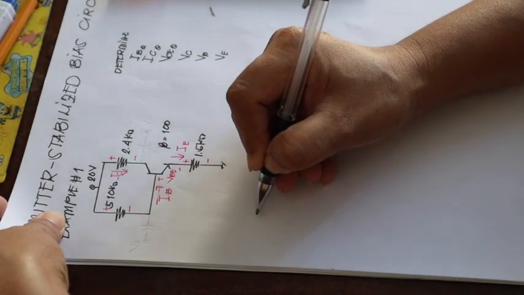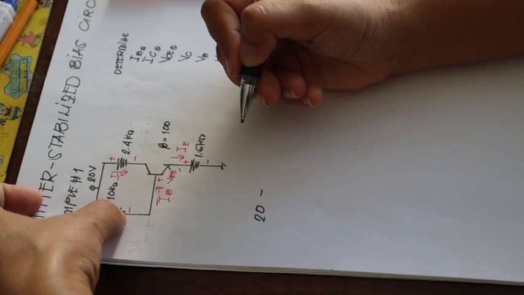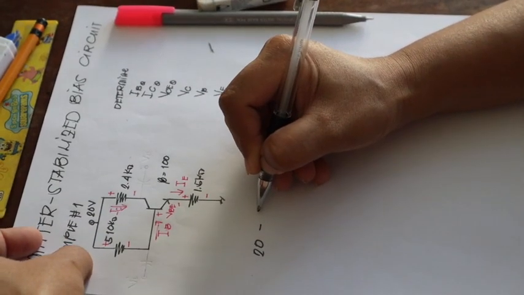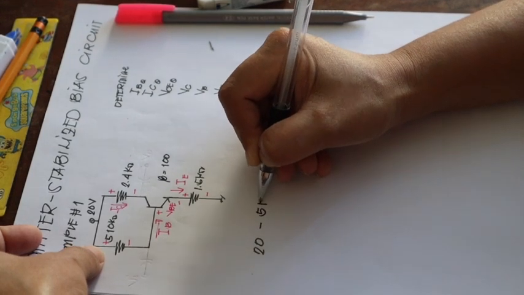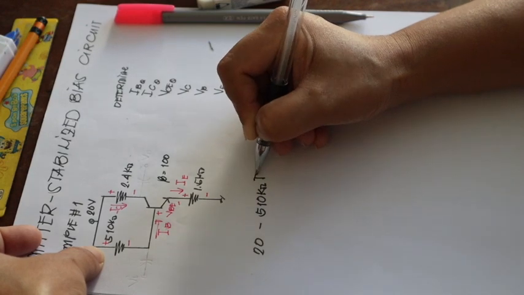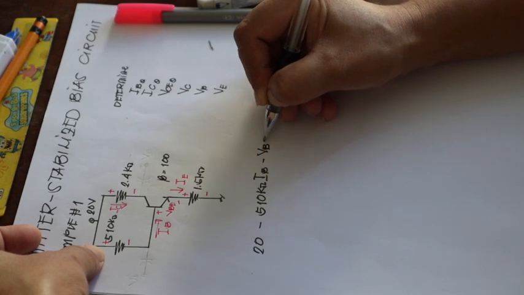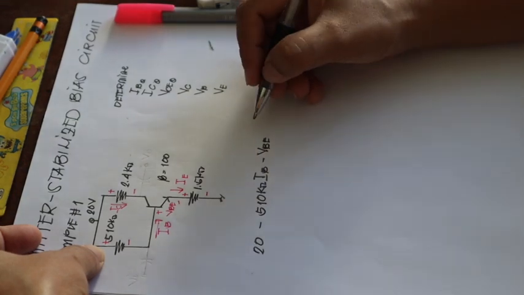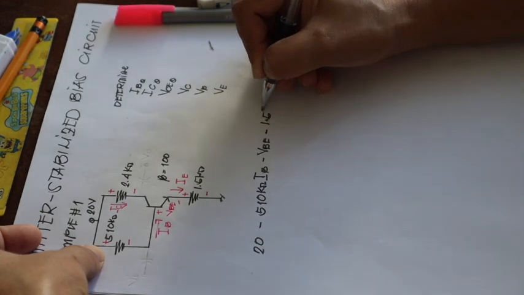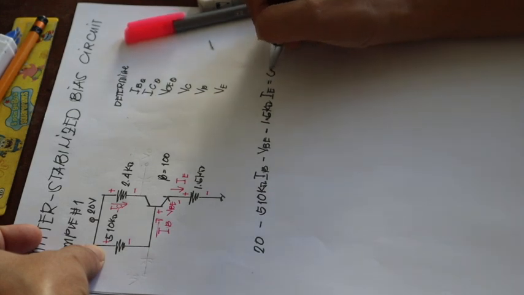So, KVL equation would be 20 minus, anong current dito? It will be IB. And that is, ang voltage now will be 510 kilo ohm multiplied by IB minus VBE, which is equal to 0.7, and then minus 1.5 kilo ohm IE, and that is equal to 0.